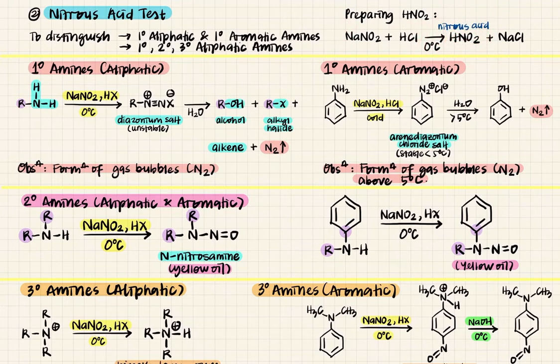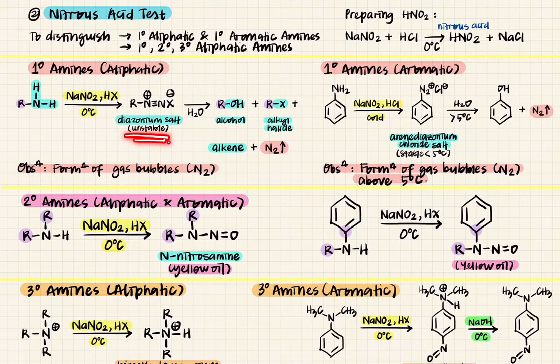Okay, so for primary amines, when you react with NaNO2, HCl, at low temperature, cold, 0 to 5 degrees Celsius, you will get a diazonium salt.